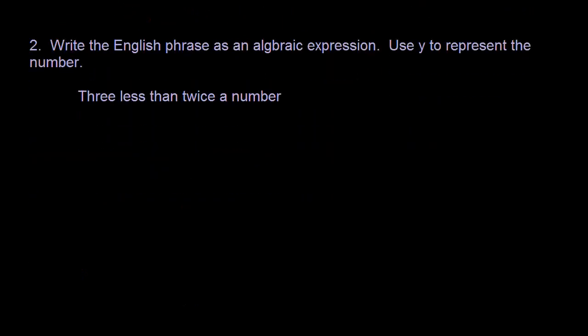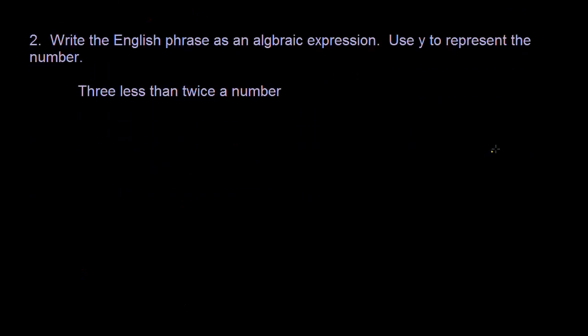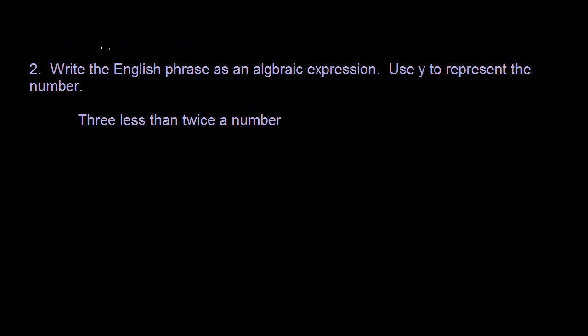The next problem asks us to write an English phrase as an algebraic expression, and that means to translate. We're going to translate from English into algebra, and it says to use y to represent the number. It states 3 less than twice a number. What does 3 less than mean?